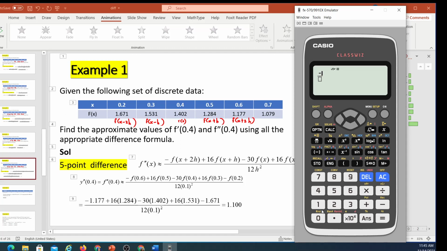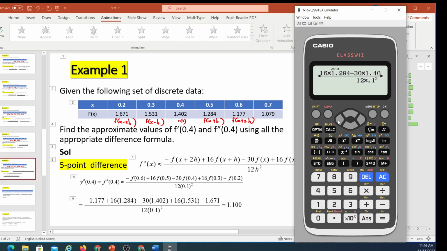We have negative 1.177 plus 16 times 1.284 minus 30 times 1.402 plus 16 times 1.531 minus 1.671, divided by 12 times 0.1 squared.